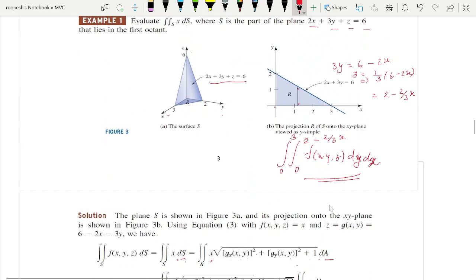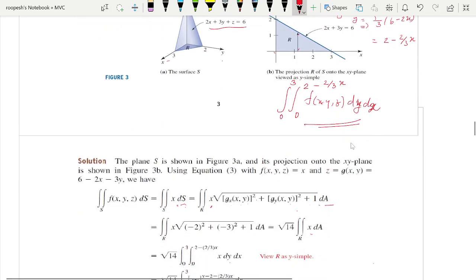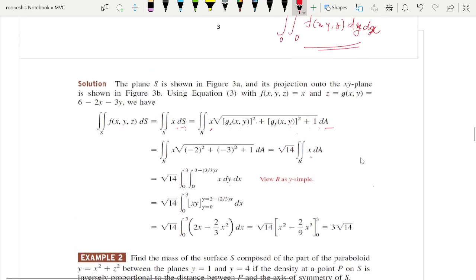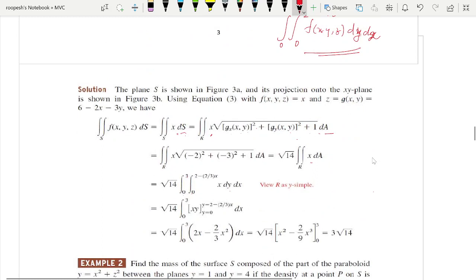So 0 to 3 and 0 to 2 minus 2 by 3 x. We can easily evaluate that. When you are evaluating this, first we want to integrate with respect to y. Integrating x with respect to y means you will get xy between the limits y equal to 0 to y equal to 2 minus 2 by 3 x.